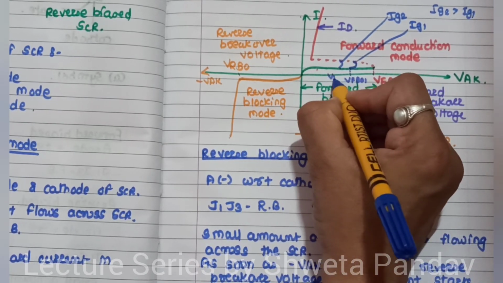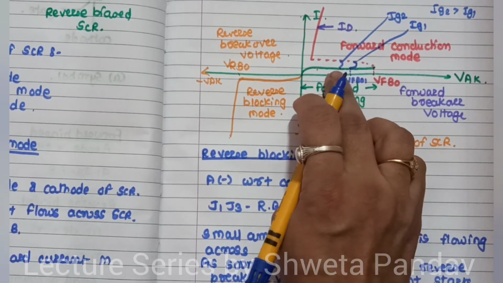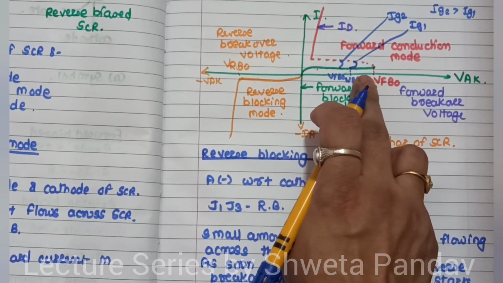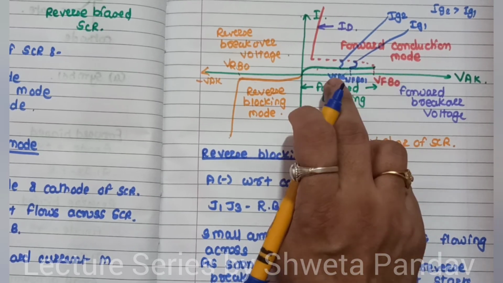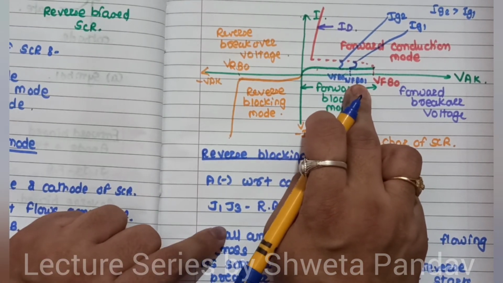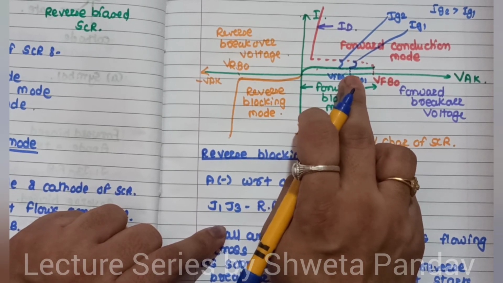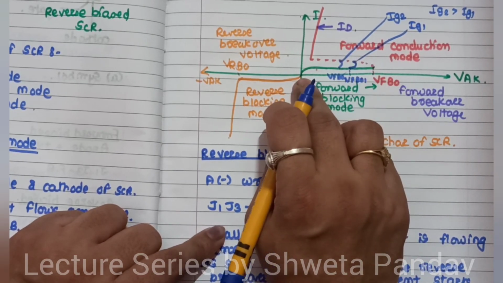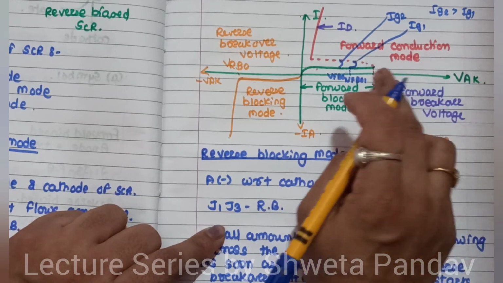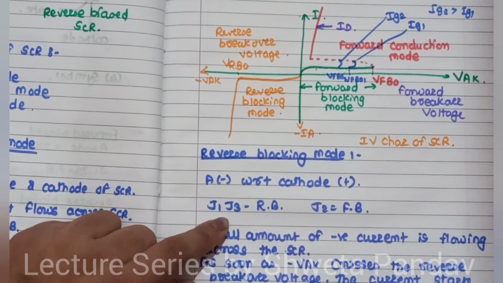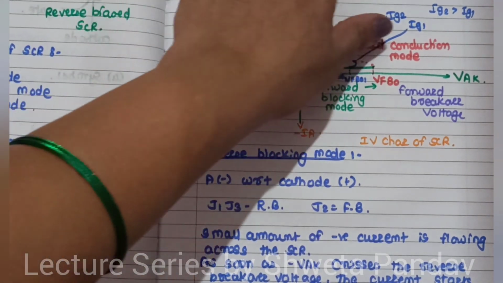It means as we go on increasing the gate current, the forward conduction voltage appears earlier and the SCR is turned on sooner. So as the gate current increases, the SCR turns on in a shorter time. This is the one point left in forward conduction mode.